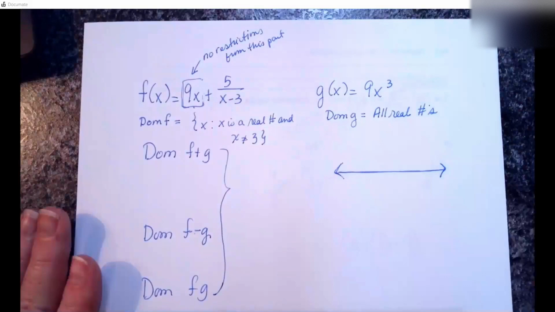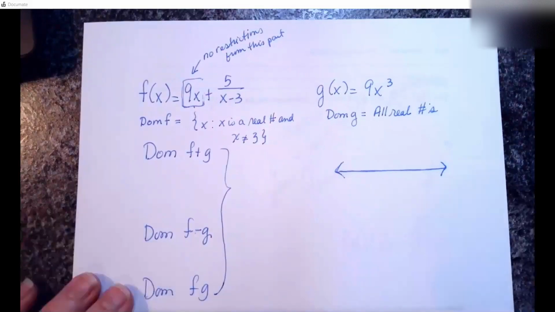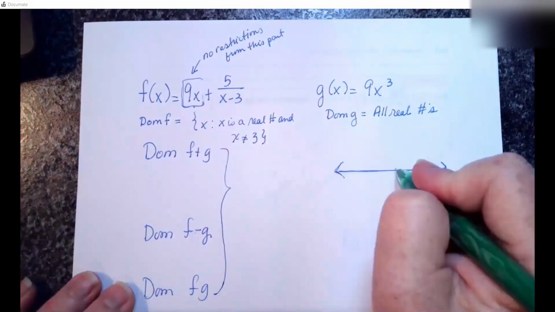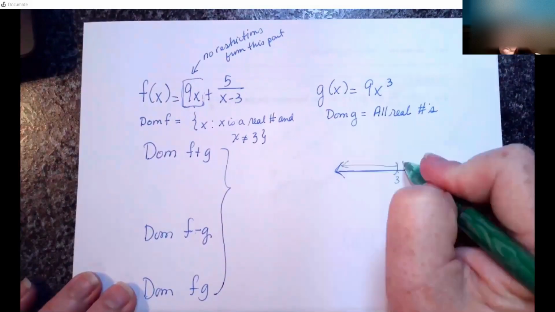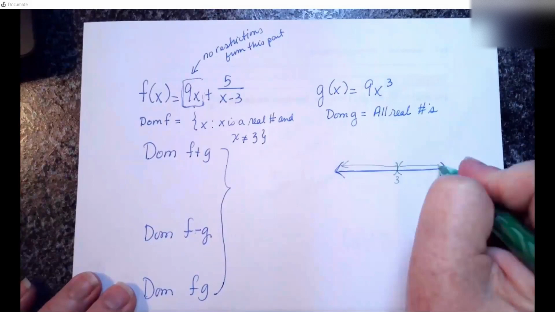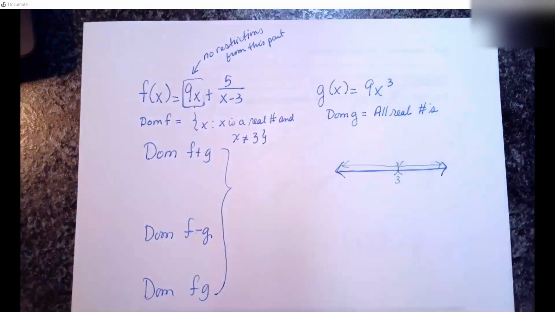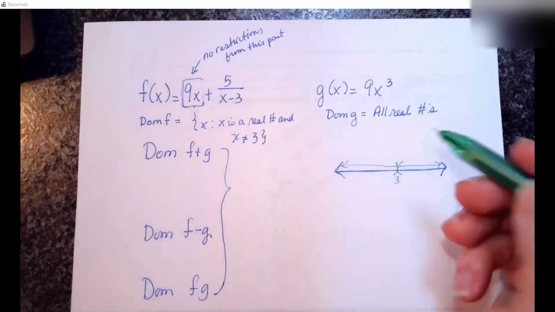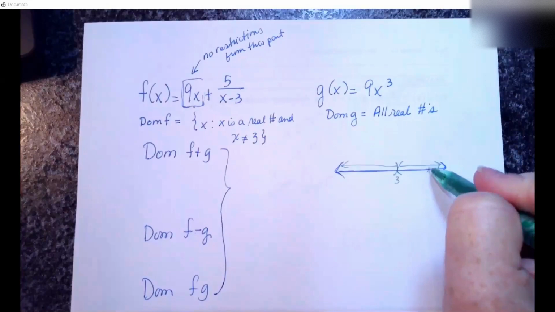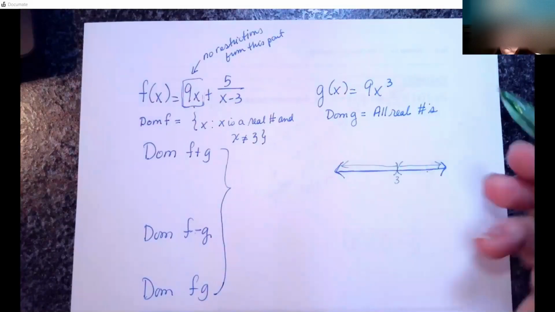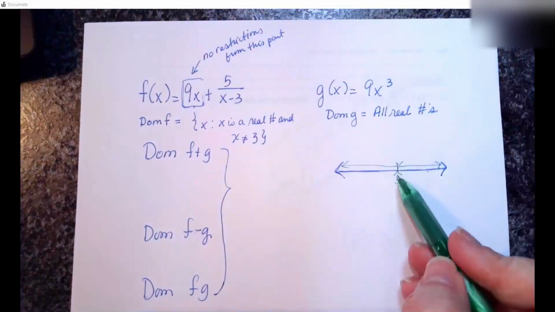And for the domain of F, it's everything except 3. So we'd start at 3 and go to the left, and start at 3 and go to the right. What we have in common, or what we call the intersection of those two sets, is where we have a blue line and a green line. The only place we don't have is exactly at X equals 3.